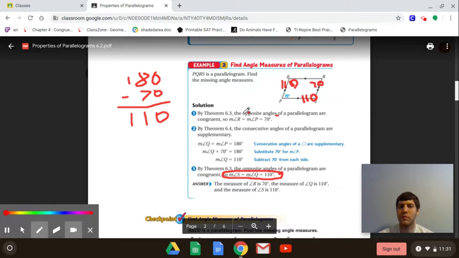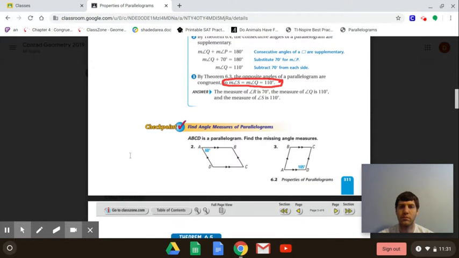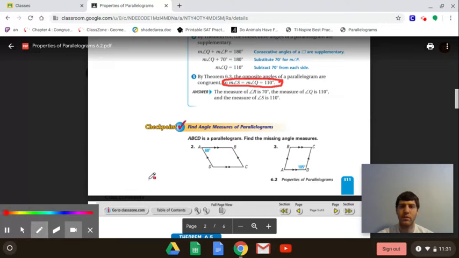Both of these were 70 because they were opposite, and S and Q are opposite, so those are congruent. Opposite angles are congruent, consecutive angles add up to 180. The ones that are next to each other add up to 180. The ones across from each other are congruent. All right, that's already 3 of our 4 properties, but they do have an example problem for us, so let's fill in the missing angles.